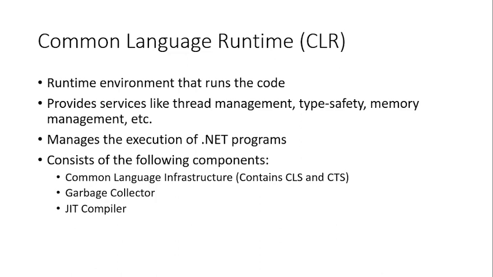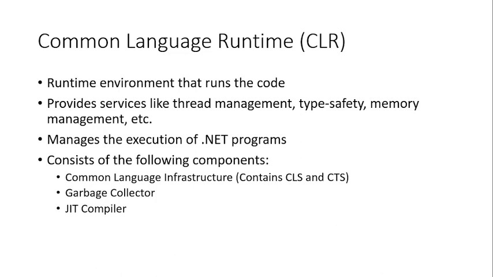Now what does CLR consist of? It consists of the following things: CLI, Common Language Infrastructure, Garbage Collector, and the JIT compiler, that is the just-in-time compiler. Out of that, CLI is made up of two things, CLS and CTS. CLS is Common Language Specification and CTS is Common Type System.